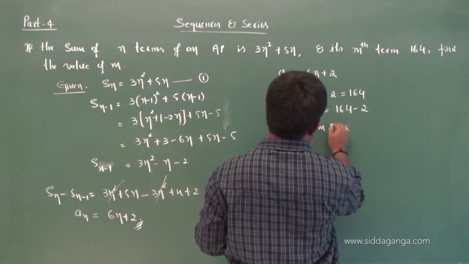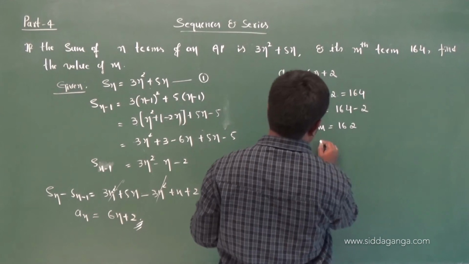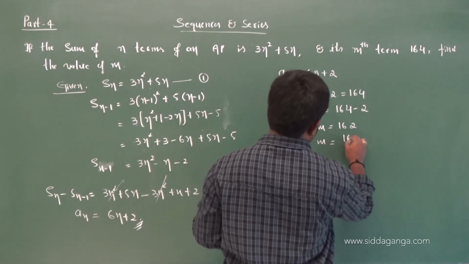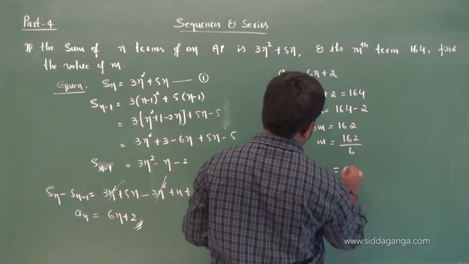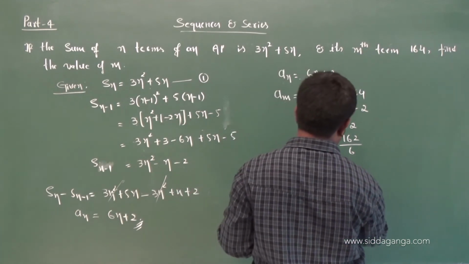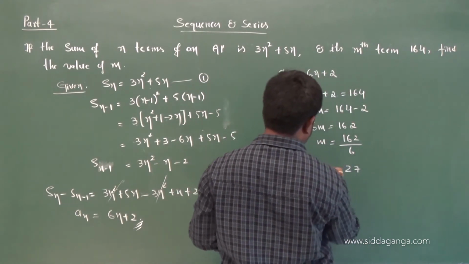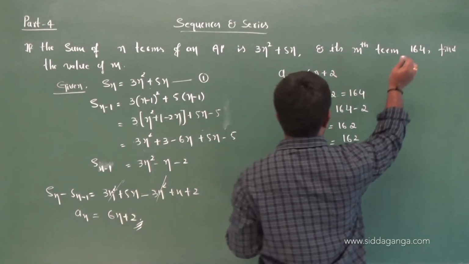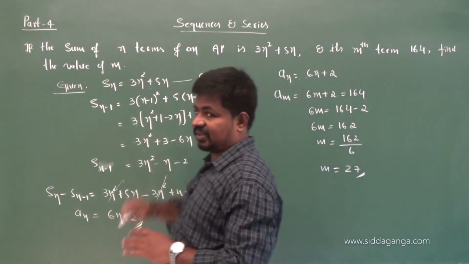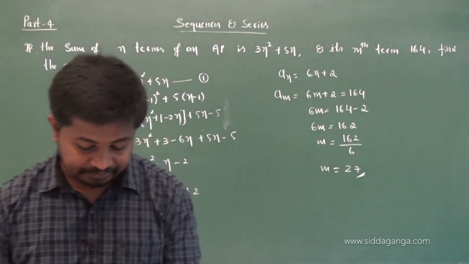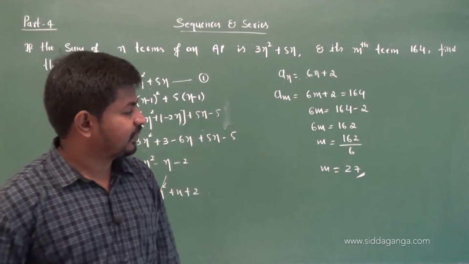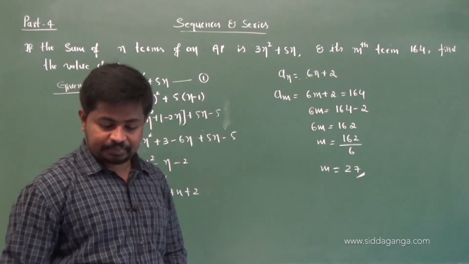Then 6m is equal to 162. M is equal to 162 by 6. You get 27. So you mean 164 is the 27th term of this AP series. That's it. Hope you got it.